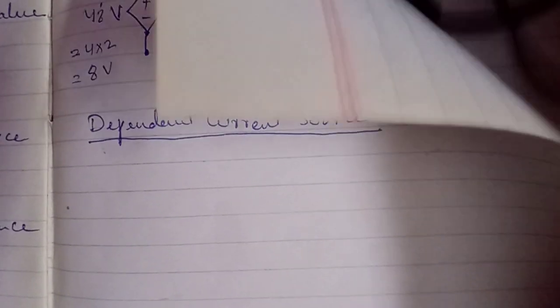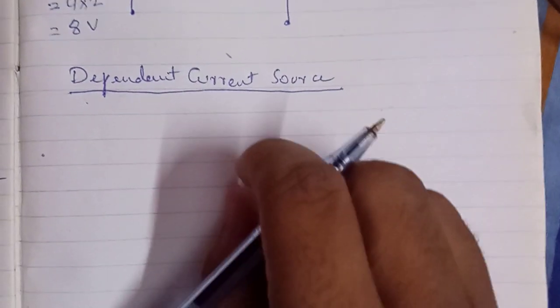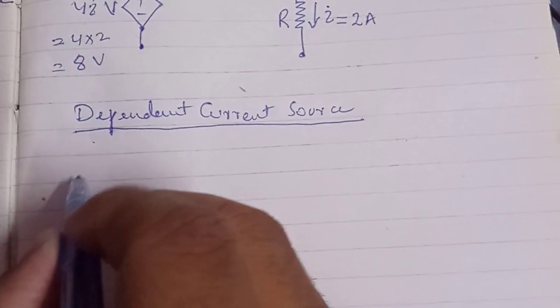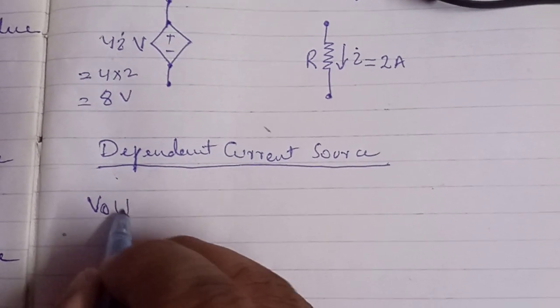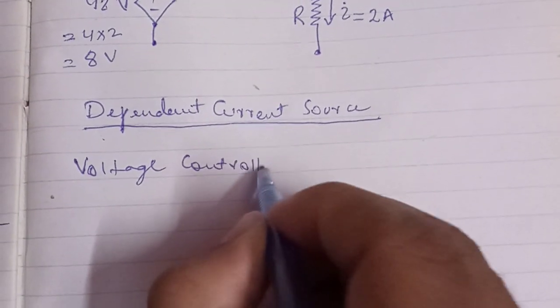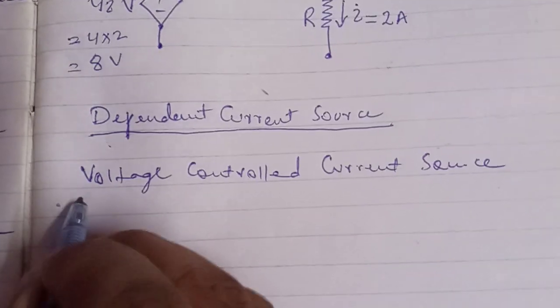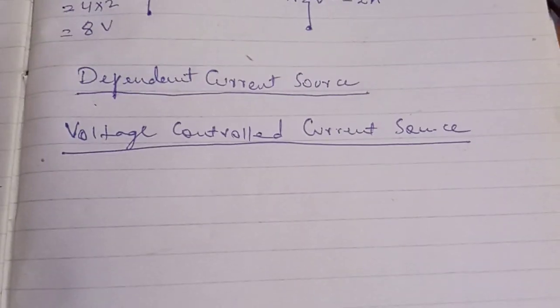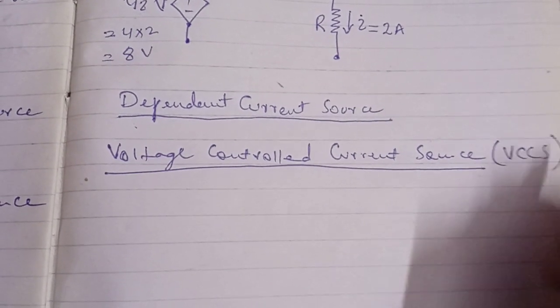The first type of dependent current source is VCCS, voltage controlled current source. The short form is VCCS.